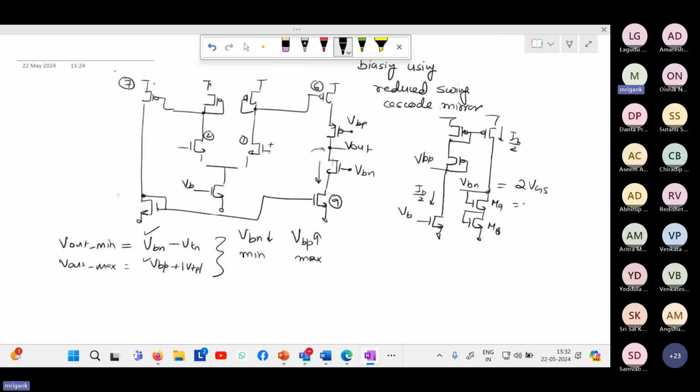Is that okay? Is it fine? What is the problem? Can I simply increase the W by L of M9 and M8 and make the VBN lower?